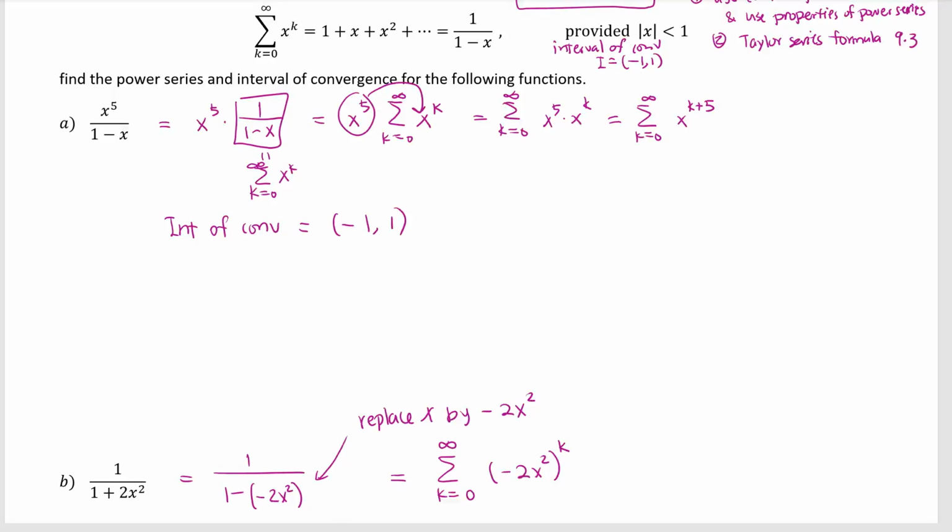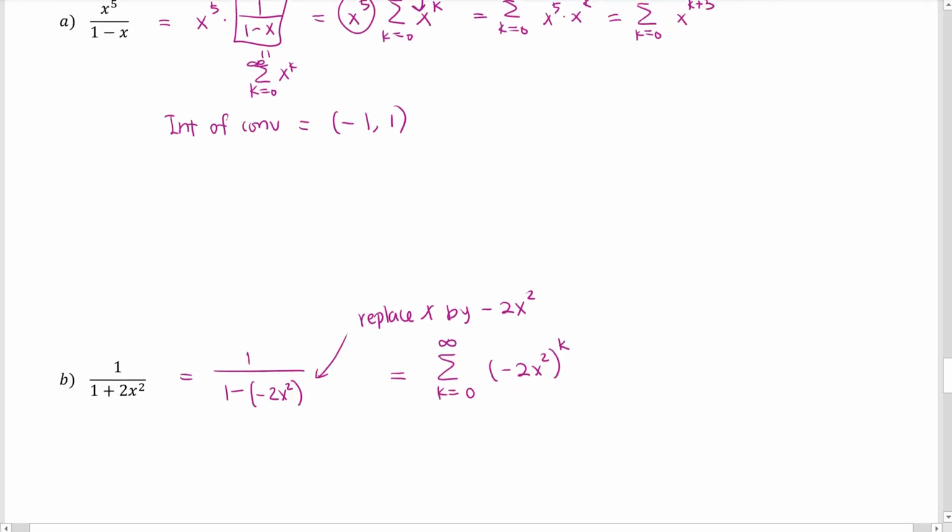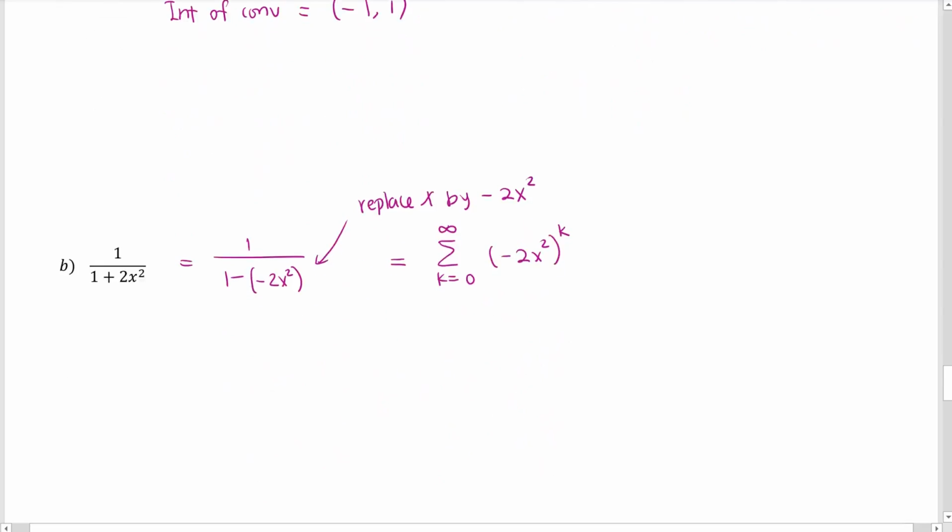So far, so good, everybody? So you compare this guy here. Okay, we compare, we realize, it's like we replace the old formula, the x, by -2x squared. Then the series x to the k becomes -2x squared to the k.